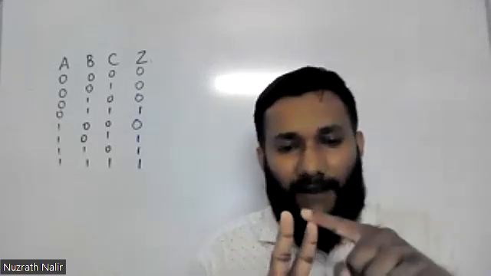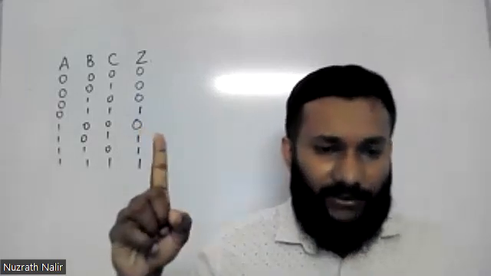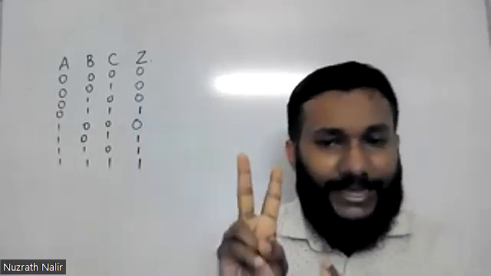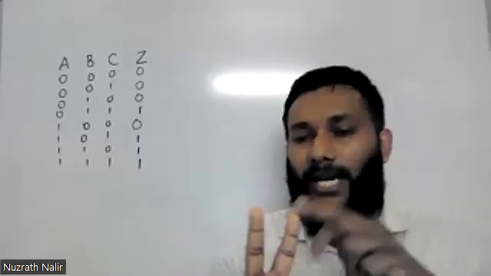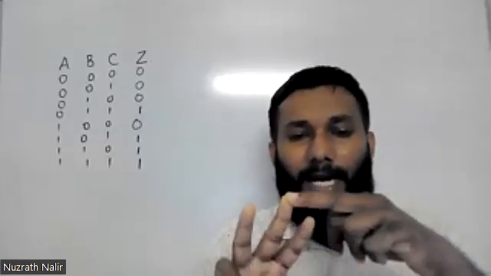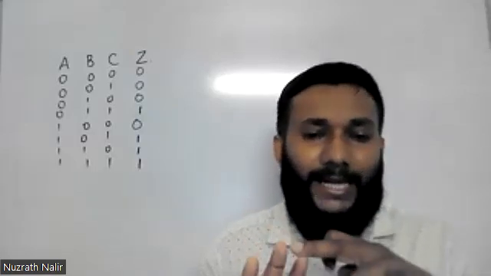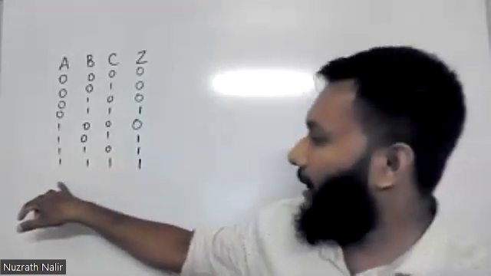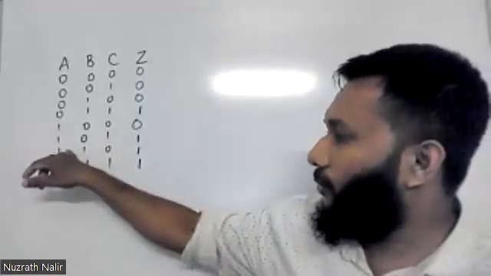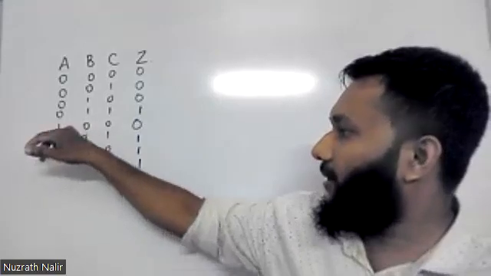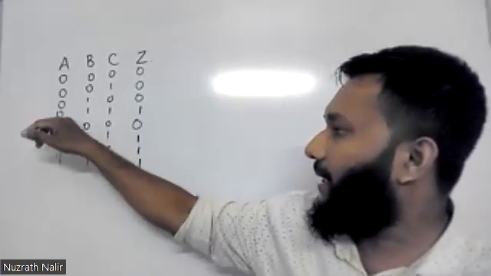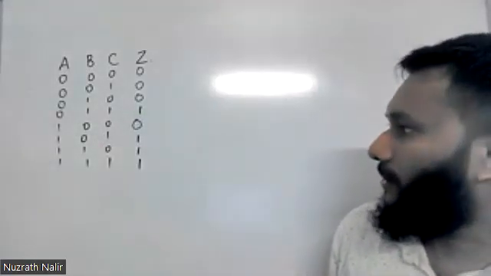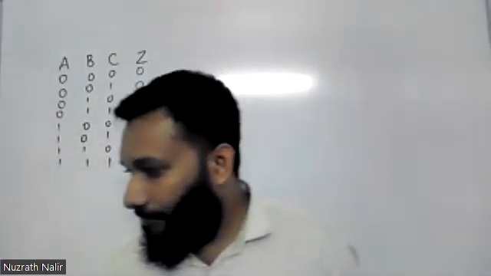If both are 1, your output is 1, or more than that, at least 2. At least means 1, 1, and the third also can be 1. So here this is 1, at least 2. Here also at least 2. Here only 1 is there, so the rest are zeros. Okay, so this is your output.